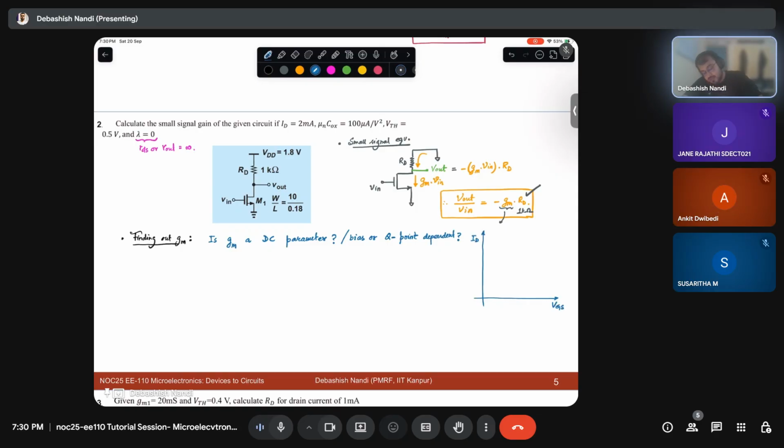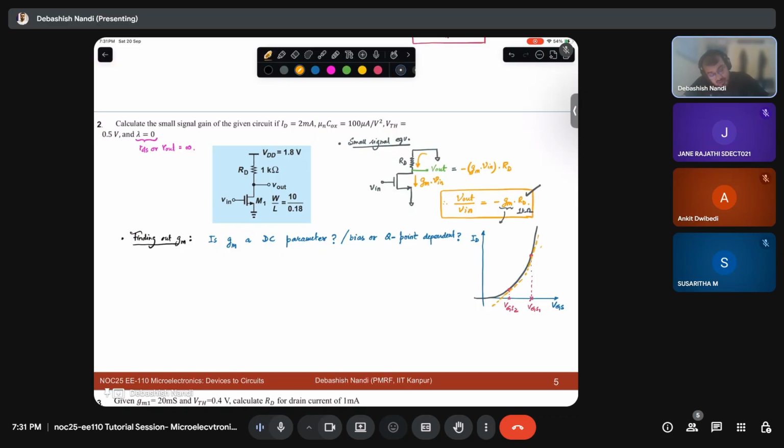Exactly. So due to the nonlinearity, I get different GMs, right? For example, if my bias point is this, let's say this is VGS1, and I take another bias point, this is VGS2. What kind of slopes will I get? The slope is like this, and at this point the slope is like this.